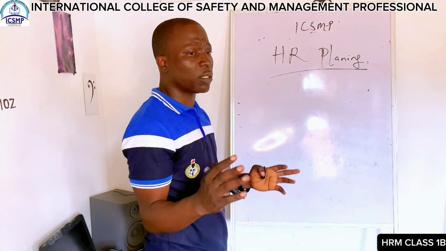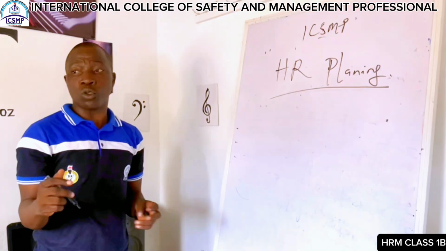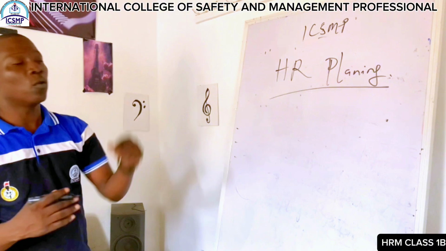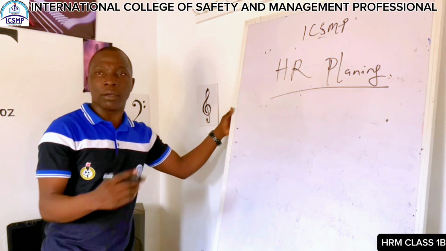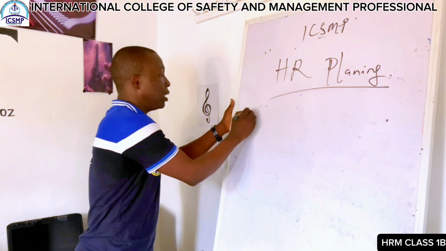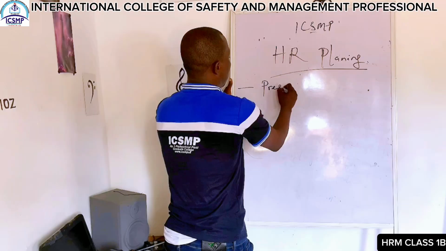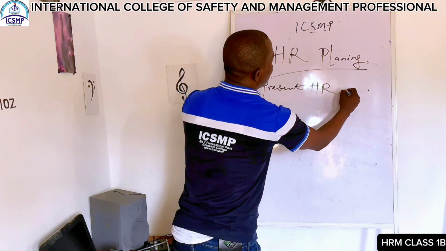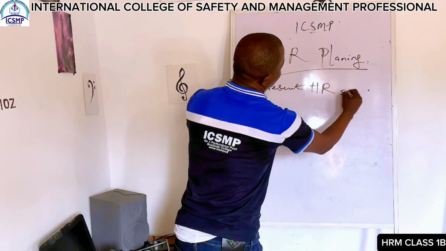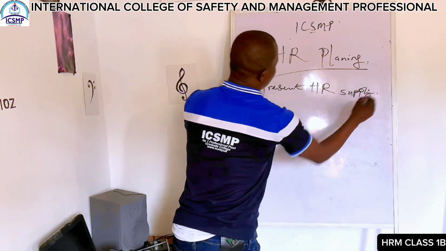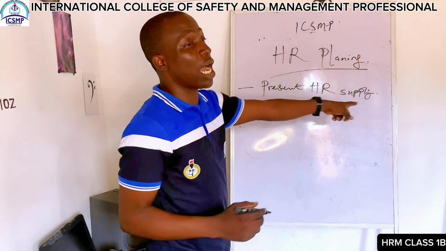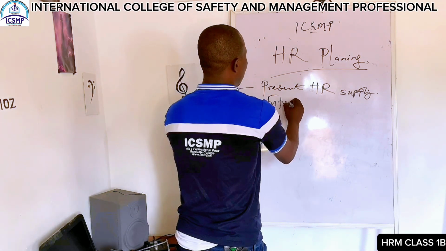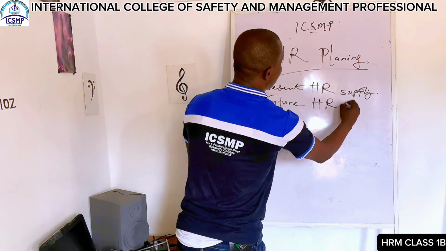So follow me as we dive into the beauty of what this planning is all about. The first of them is present human resource supply. Present HR supply. Then number two, we have the future HR demand.